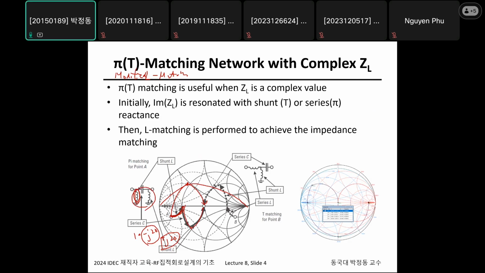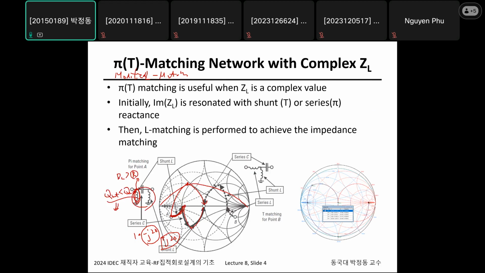So at this point, the effective R is larger than RL. As a result, the network quality factor Q is smaller than the previous L matching network, so your bandwidth is improved.